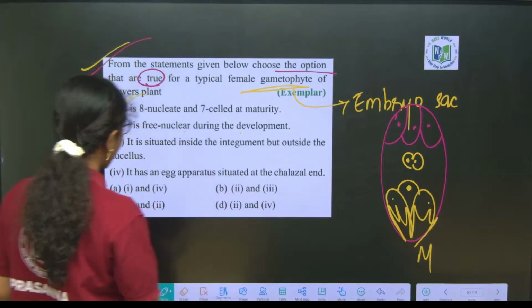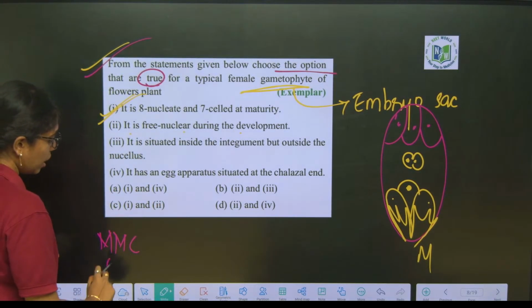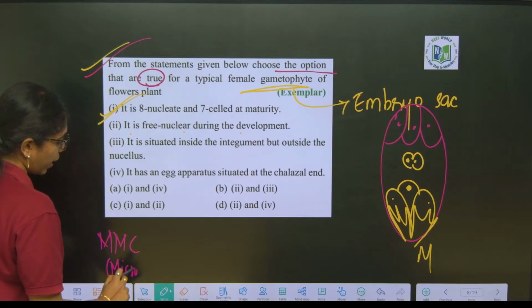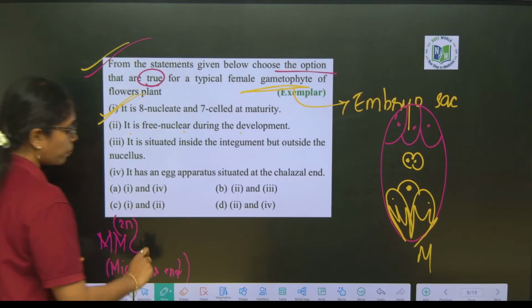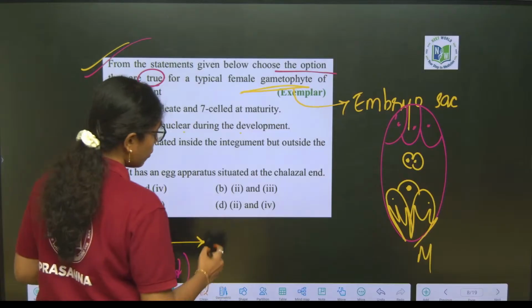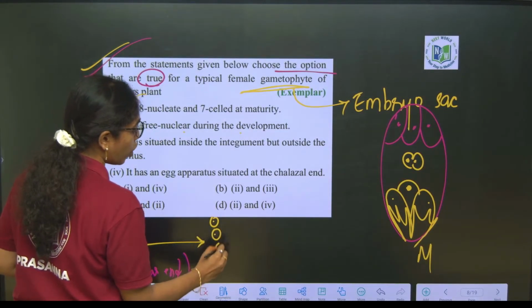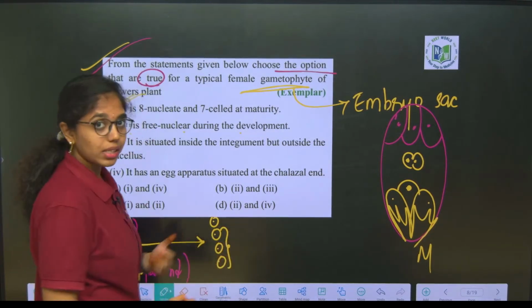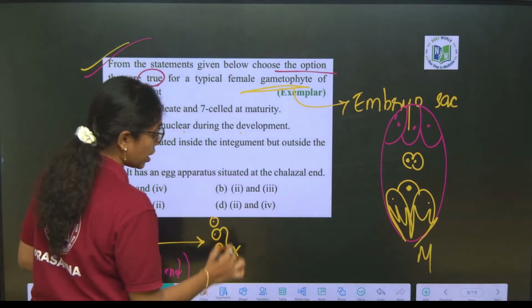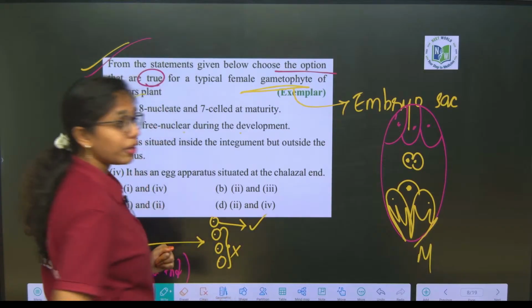How? From the megaspore mother cell, which is at the micropylar end. This megaspore mother cell is diploid. It will undergo meiotic division, forming 4 haploid megaspores. Of these, 3 megaspores towards the micropylar end will degenerate, and 1 megaspore towards the chalazal end will be functional.